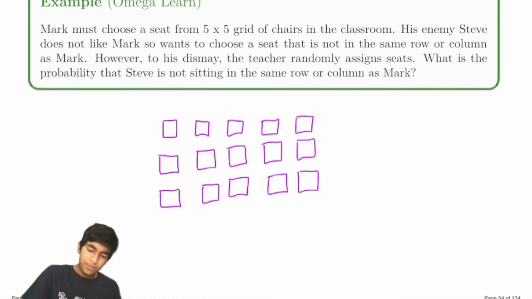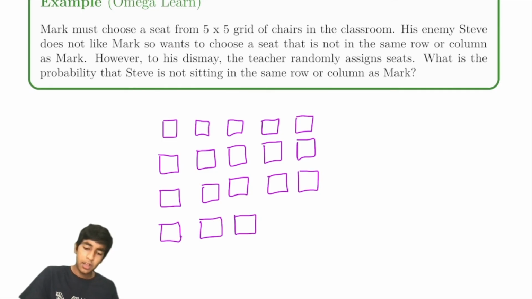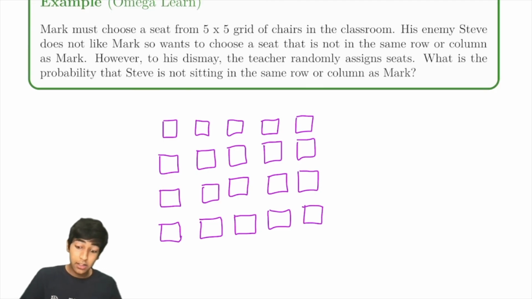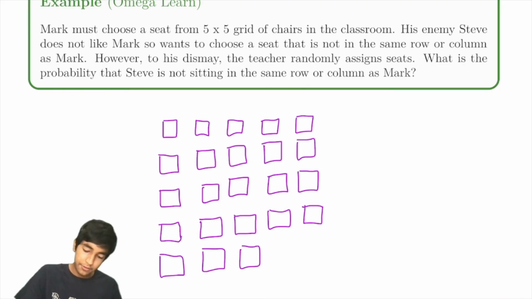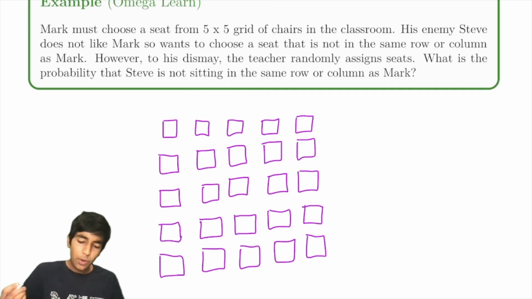So, this is like a good review. Is this dependent or independent? Is Steve's probability dependent on where Mark sits, or is it independent of where Mark sits? That's the key thing to try to figure out here. So where does Mark sit? Let's say Mark sits here.